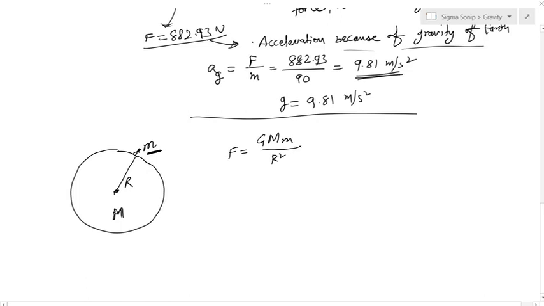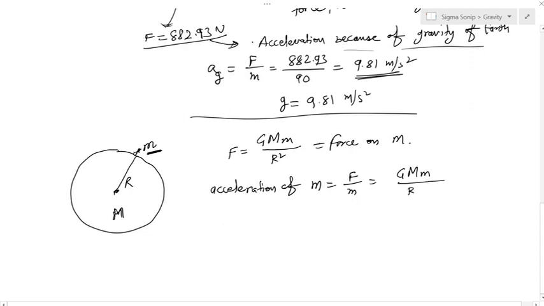Now this is the force on m. So what is the acceleration of m? Acceleration of m is equal to F divided by m. So you got G M m over R square, that's divided by m, and that gives you this acceleration because of gravity, that's the symbol here, and this will be g equals G M over R square.